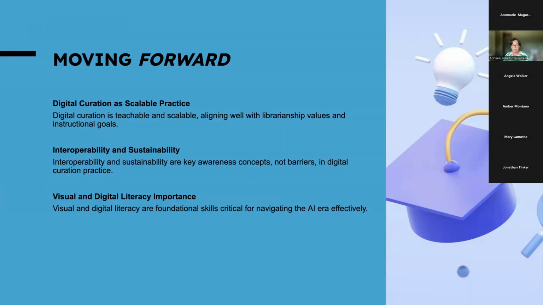It aligns well with librarianship values and goals, especially interoperability and sustainability as concepts that we need to teach and think about. And then the foundational skills for navigating AI, really being aware of where images are coming from, how they're made, how they're shared, how we can do that in a more sustainable way. Those are all important aspects.